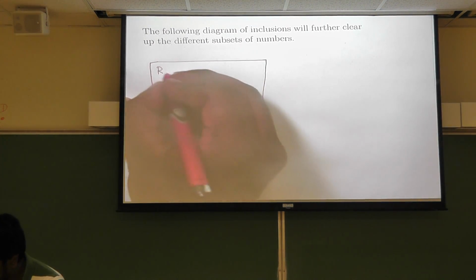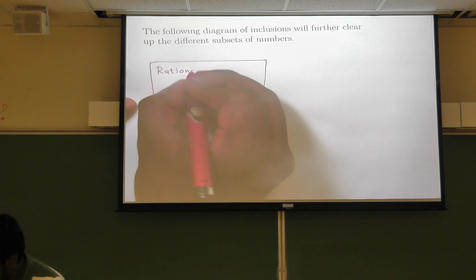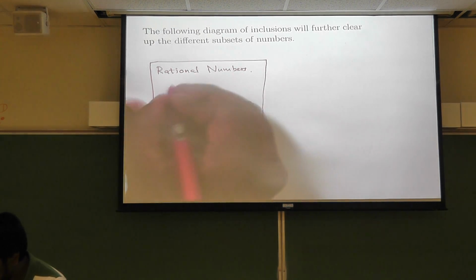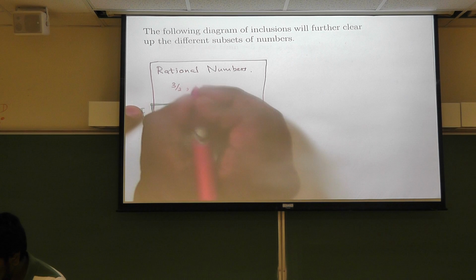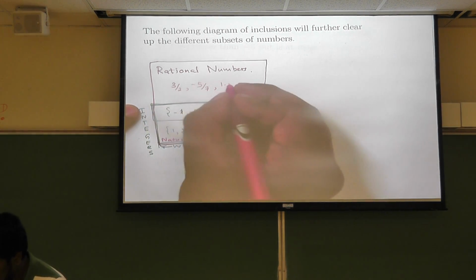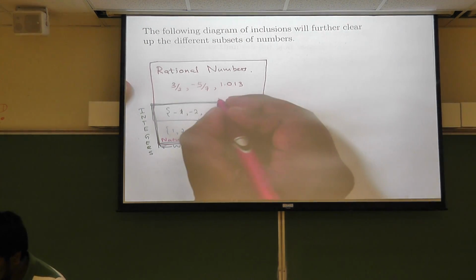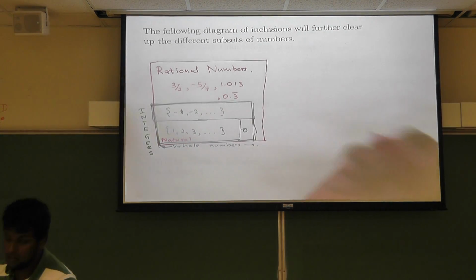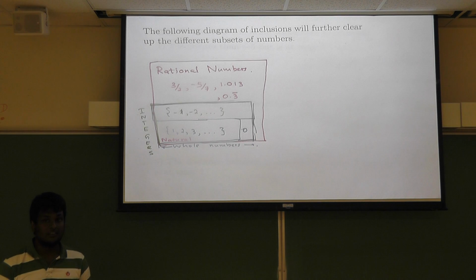As we learned, things like 3/2, negative 5/7, decimals that terminate, like 1.013, and repeating decimals like 0.3333, or 0.3 bar, are all rational numbers.